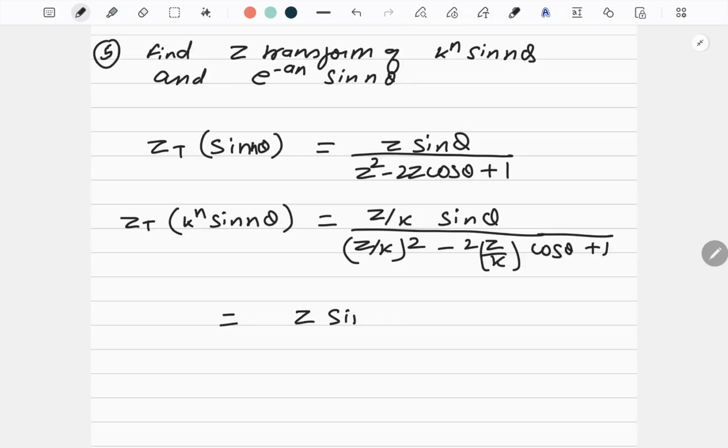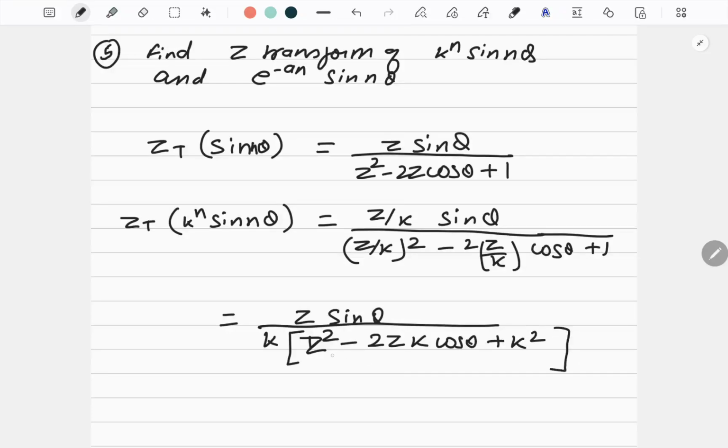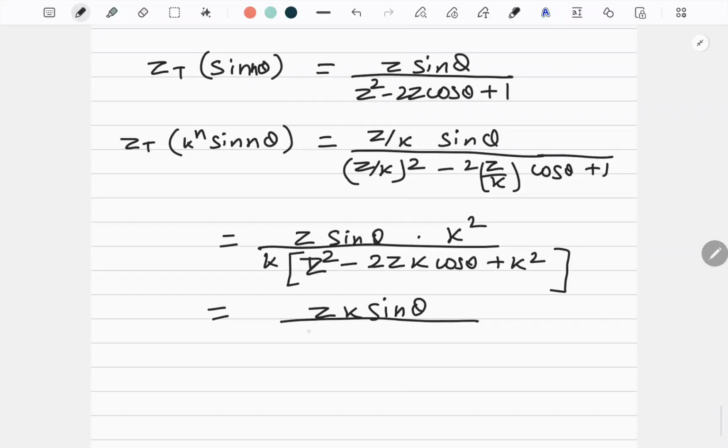So z sin theta, this k will come and sit here. Denominator it will become z square minus 2zk cos theta plus k square. And this k square down, it will go up. Right? LCM will go up. So k cancel. So zk sin theta upon z square minus 2zk cos theta plus k square.